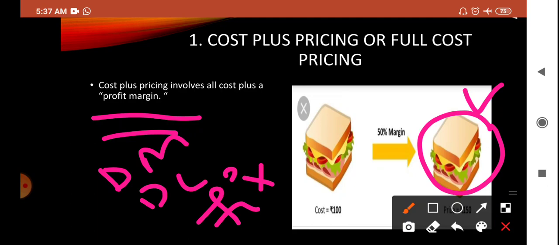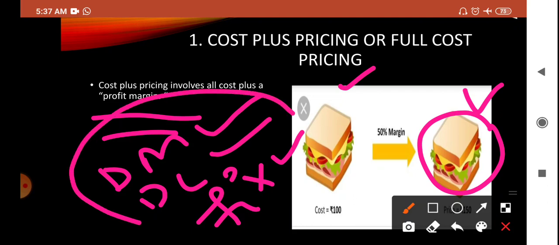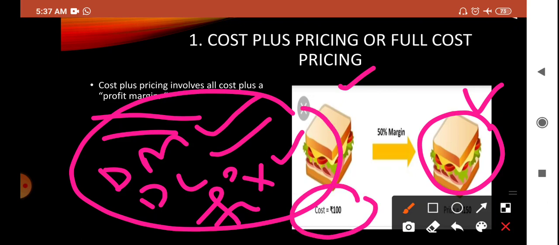So all the types of cost, that is direct material, raw material, direct labor, fixed cost, all the machineries involved in making this burger, administrative cost, the office cost, and the selling and distribution expenses, all those include taking the product from the place of manufacturing to the market and also promoting the product. All those cost, for example of this burger, is 100 rupees.